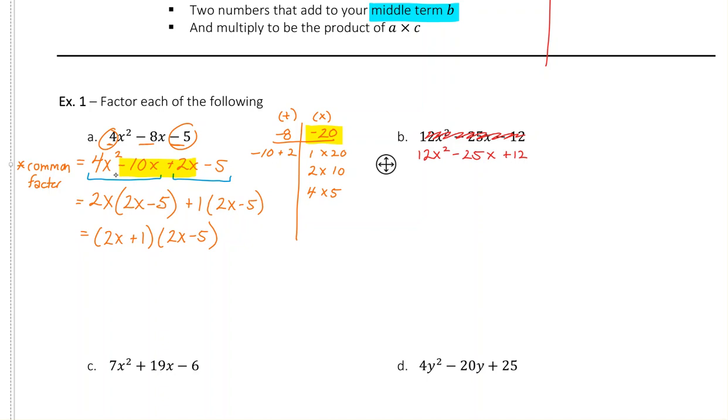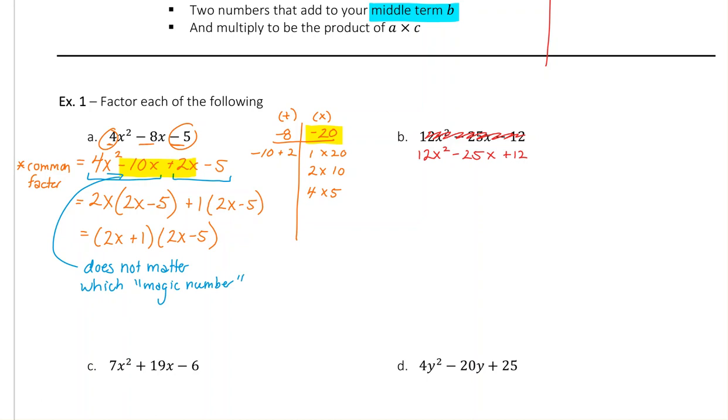It does not matter which magic number you write first. If you don't believe me, factor the problem again by rearranging it and you will arrive at the same answer. The only thing is your factors at the end will be in a different order. Okay?